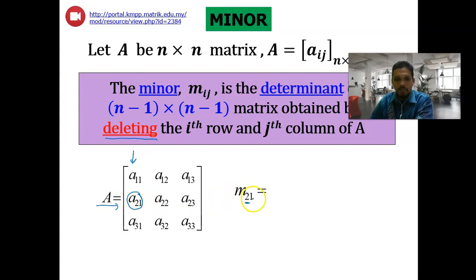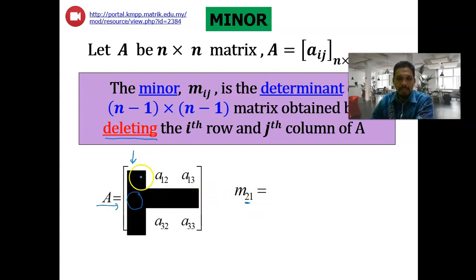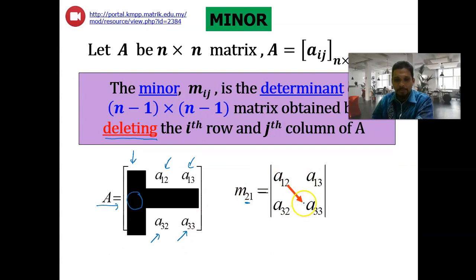So minor of 2, 1 equals the determinant after we delete the second row and the first column. What you see now is the elements a12, a13, a32, and a33. So we multiply a12 with a33 and subtract a13 multiplied with a32. This is the basic knowledge to find the minor of a 3 times 3 matrix.